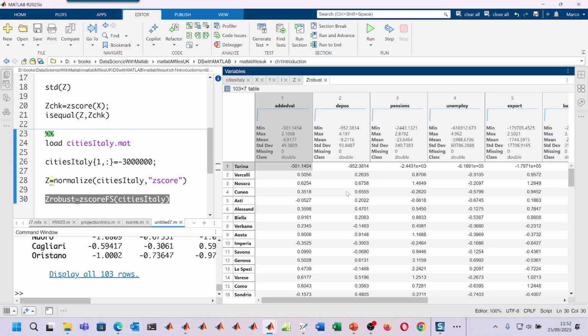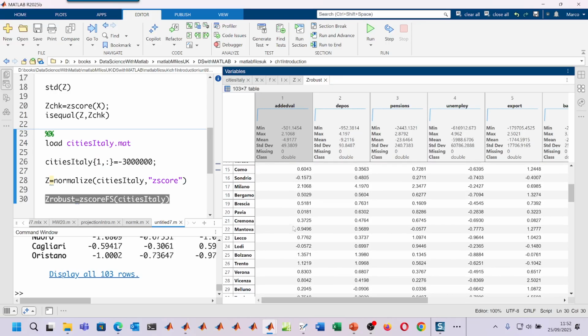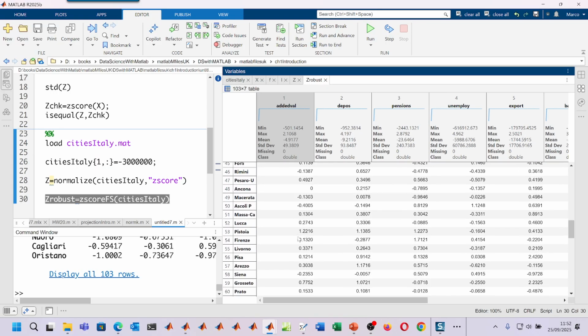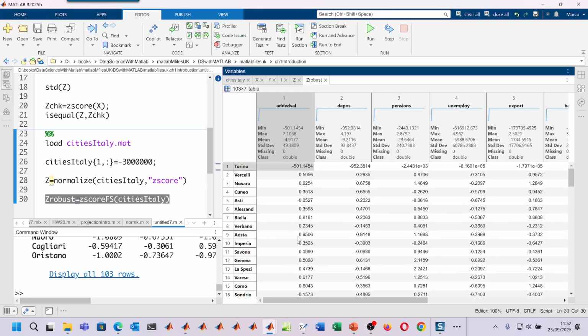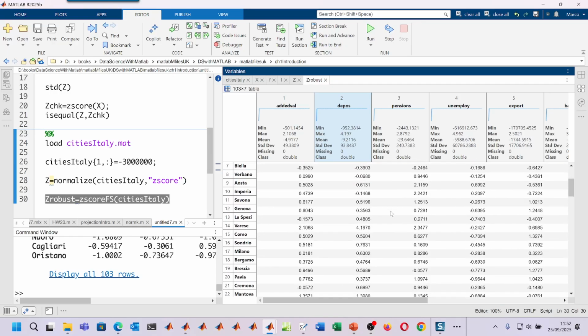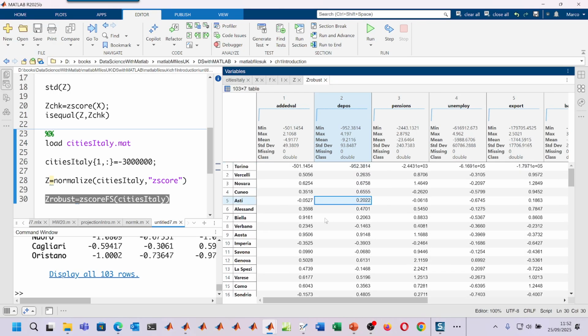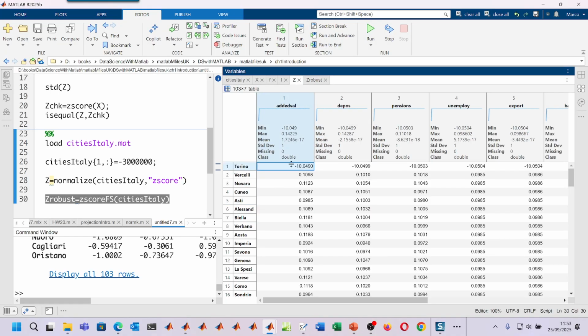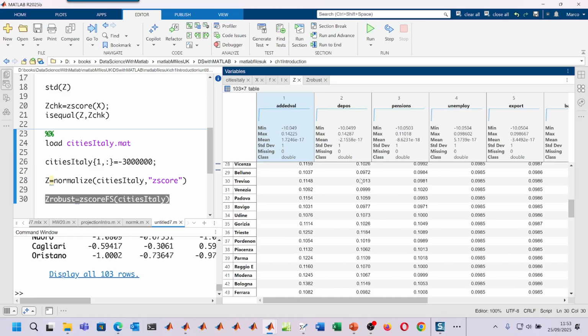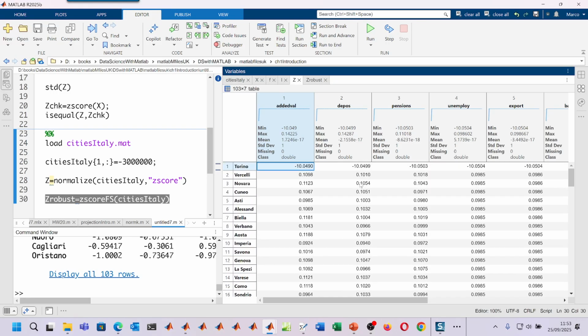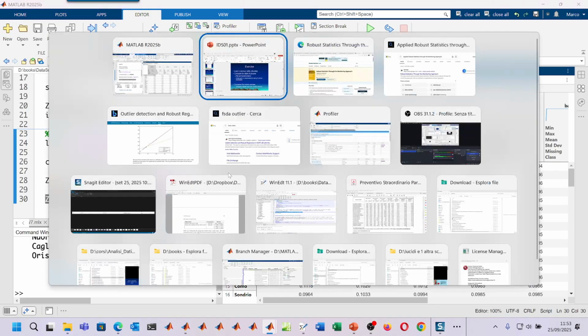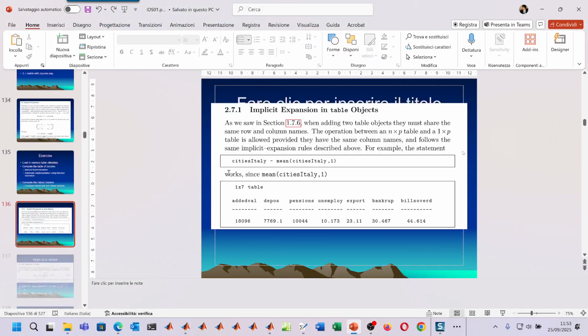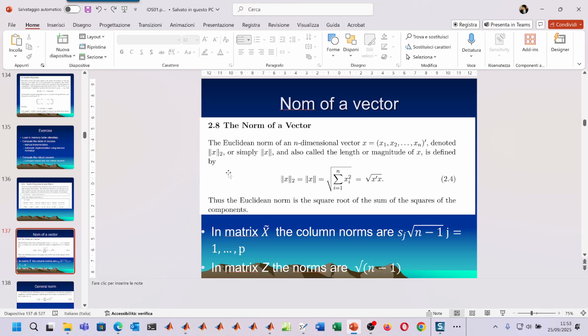So your outliers remain the outliers. All the others are really below or above 0. On the other hand, with the non-robust Z, this one is negative and all the others are positive. You see, that's the issue. So, always use robust statistics.